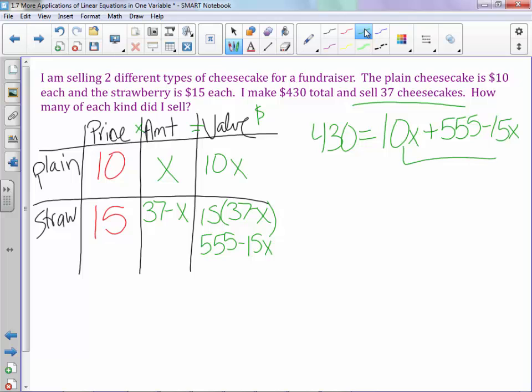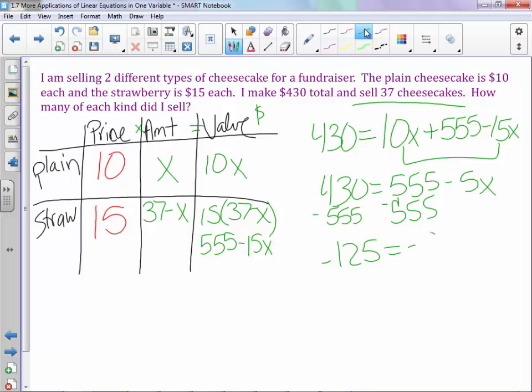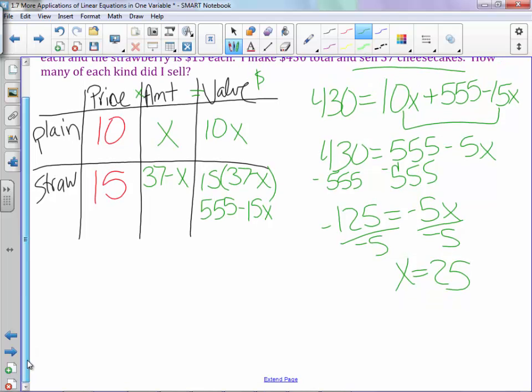Now let's combine our x's. So we'll have 430 equals 555 minus 5x. Subtract our 555. We'll get negative 125 equals negative 5x. Divide by negative 5. X equals 25. And now let's come back.